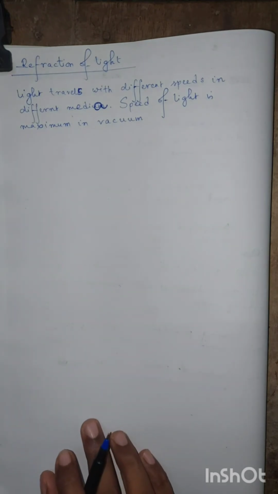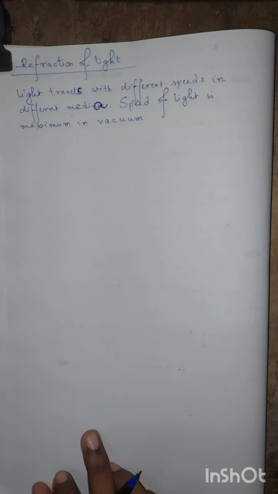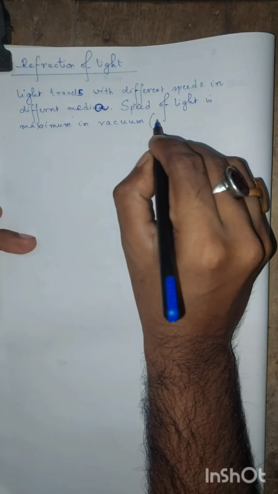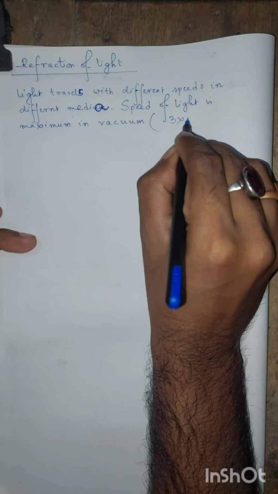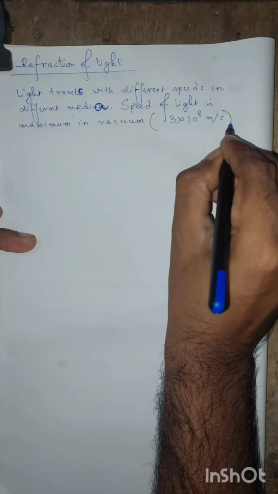Speed of light is maximum in vacuum. It is 3 into 10 to the power 8 meter per second.